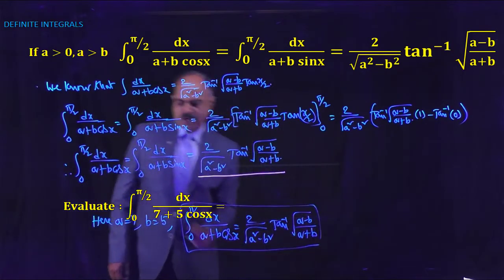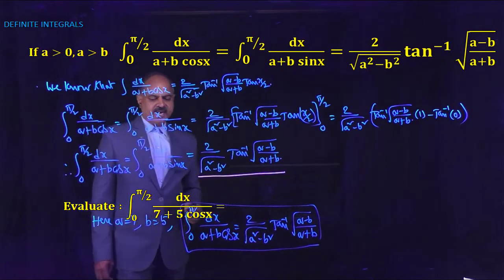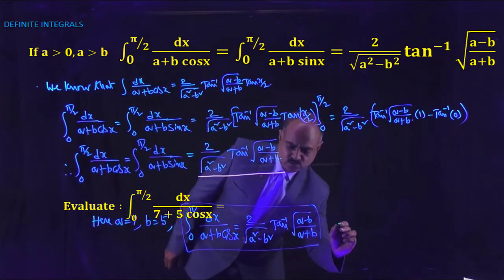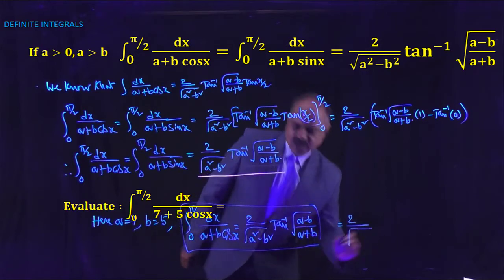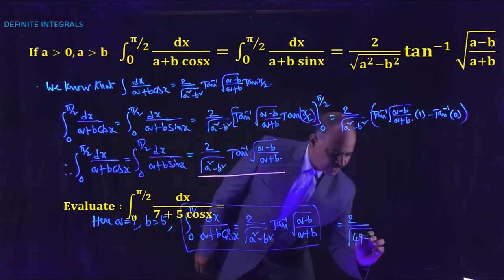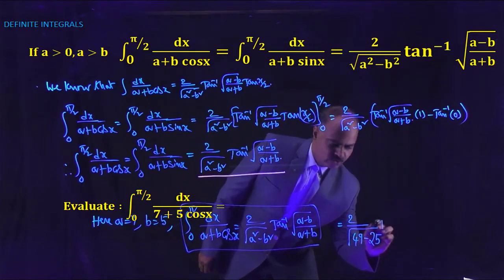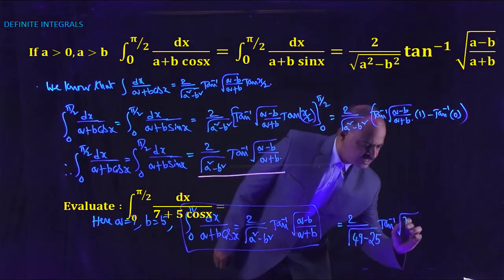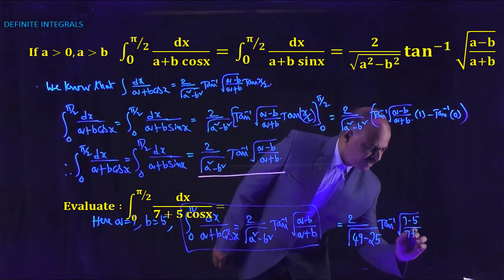So here substitute a equal to 7 and b equal to 5. That is equal to 2 by square root of (49 minus 25) into tan inverse square root of (7 minus 5) by (7 plus 5).